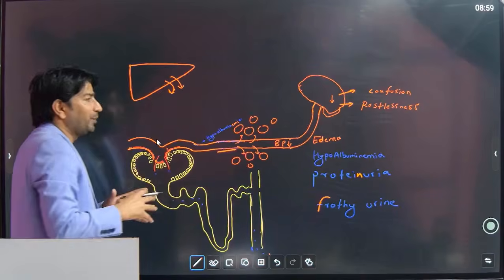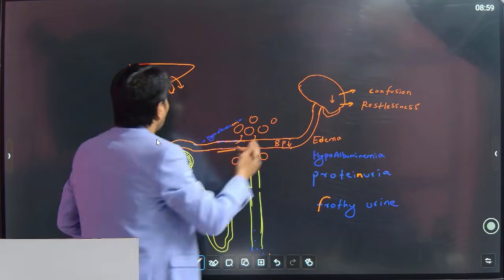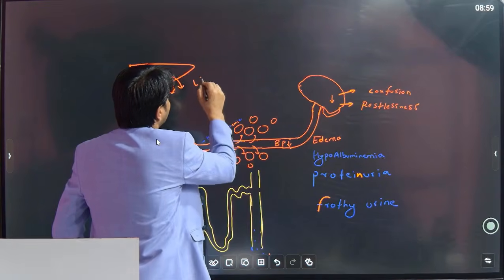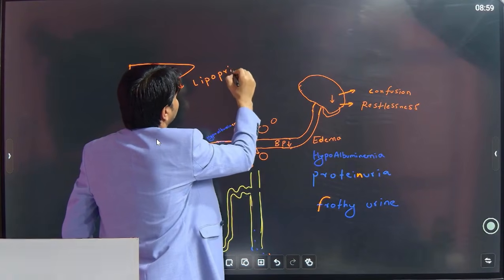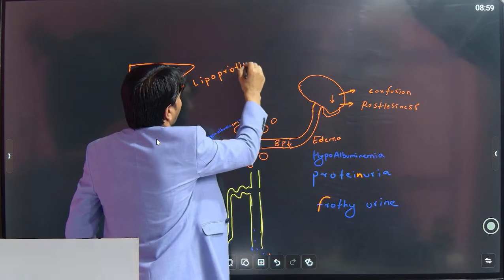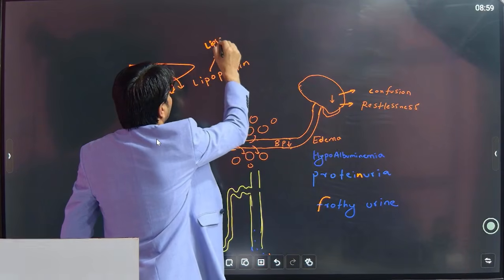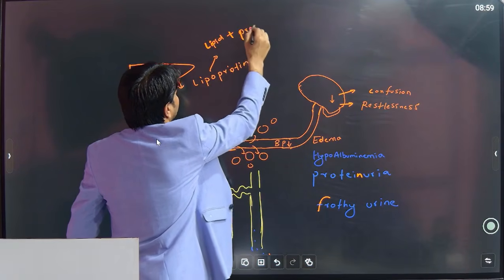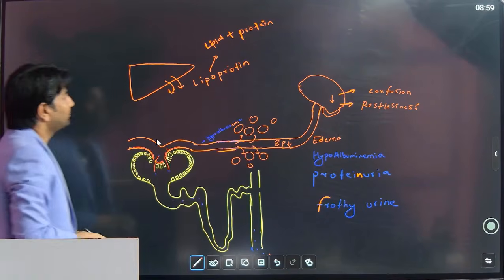It increases the production of all proteins, not just albumin, but all of them. Among those, there are some proteins called lipoproteins. These lipoproteins are a combination of lipid plus protein.